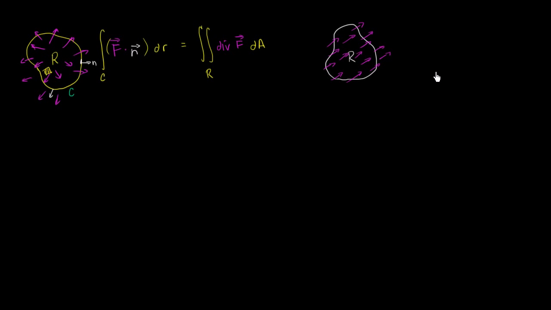I could draw another situation. So this is my region R. And let's say that we have negative divergence, or we could even call it convergence. Convergence isn't an actual technical term, but you can imagine if the vector field is converging within R, well, the divergence is going to be negative in this situation. It's actually converging, which is the opposite of diverging.